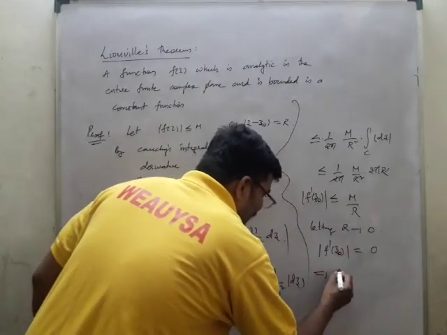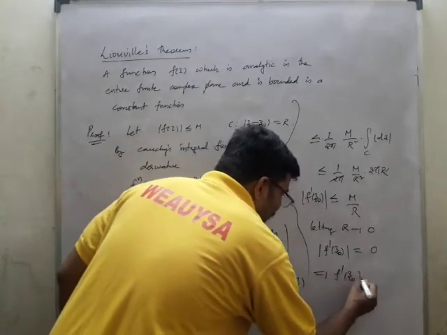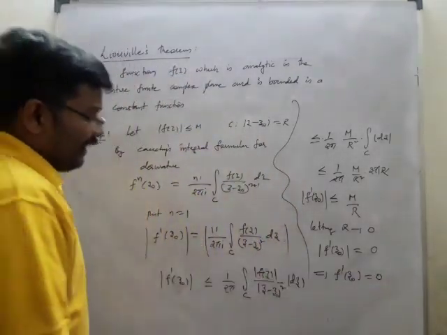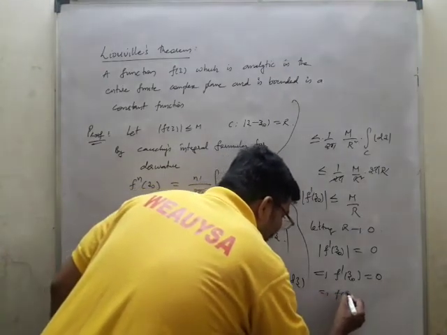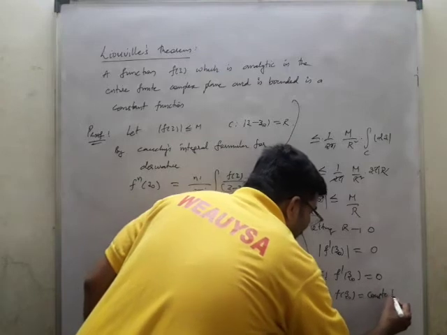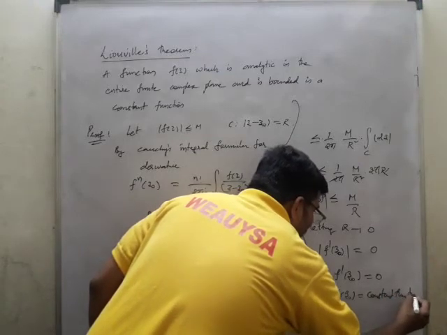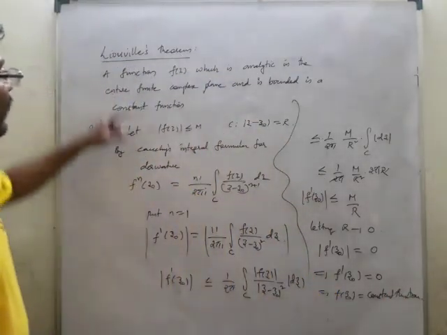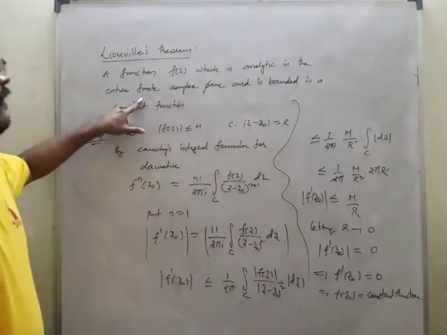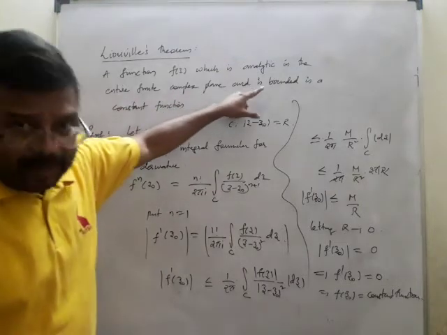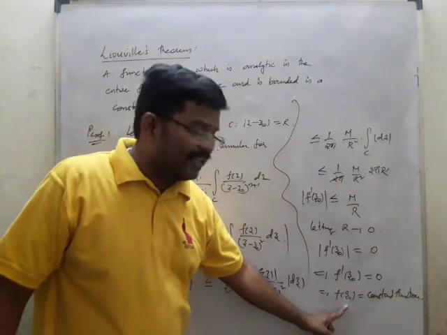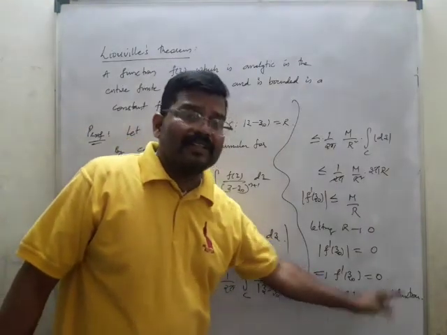That implies f′(z₀) is equal to 0, which means f(z) is equal to some constant function. So whenever f(z) is analytic in the entire complex plane and it is bounded, it is reduced to a constant function.